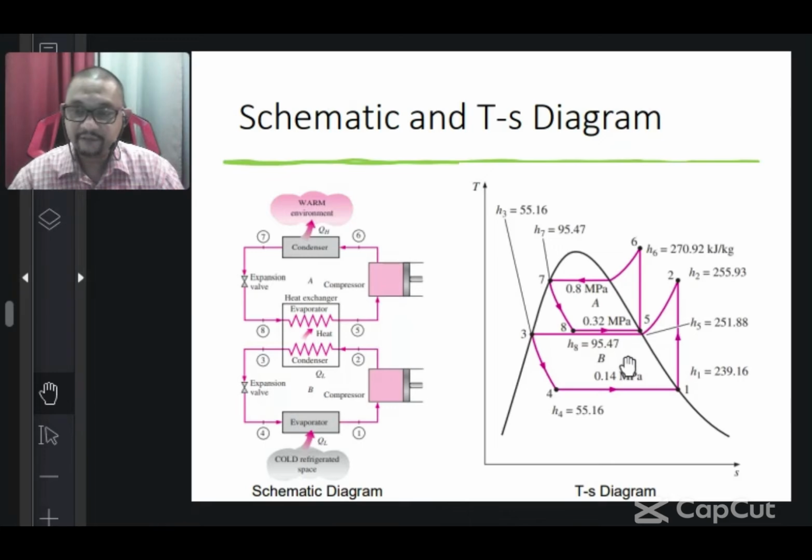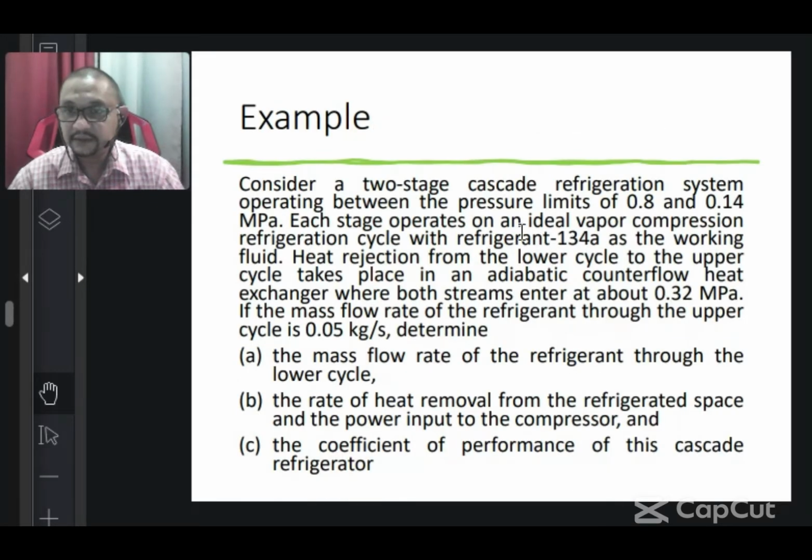It has two cycles, cycle A and cycle B. From here, all the states, state 1 to state 7, have been defined based on what has been given previously. Then it said this cycle uses the ideal vapor compression refrigeration cycle with refrigerant 134a.